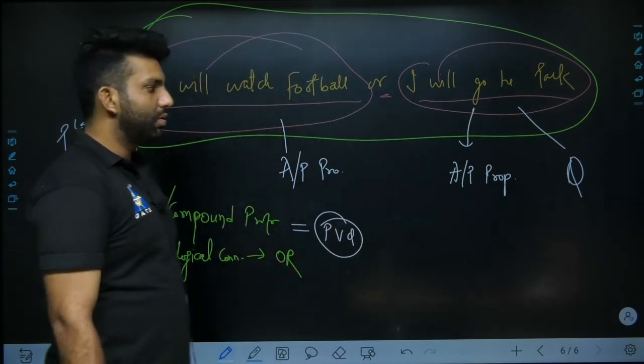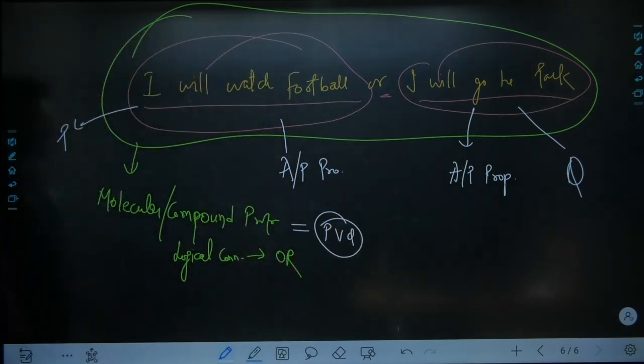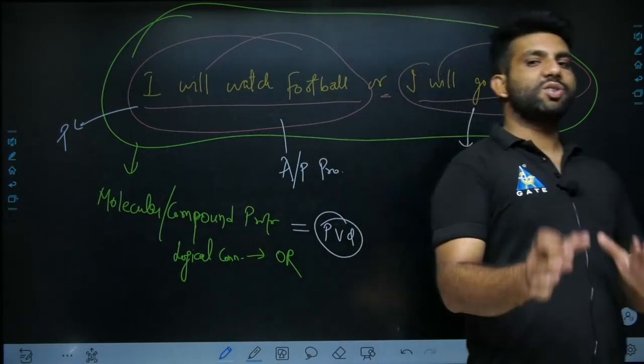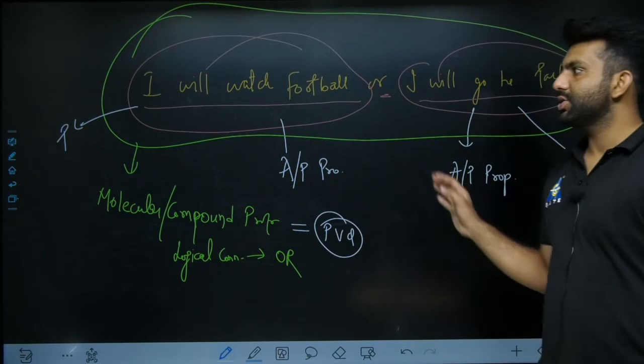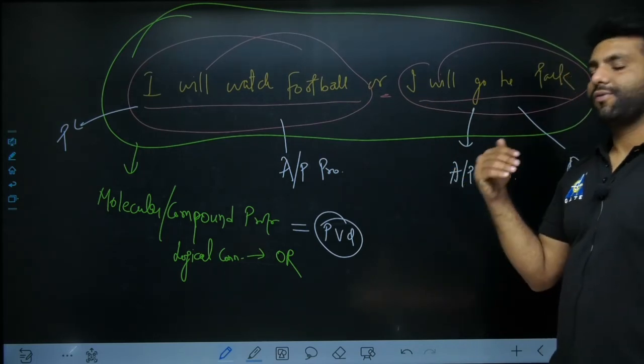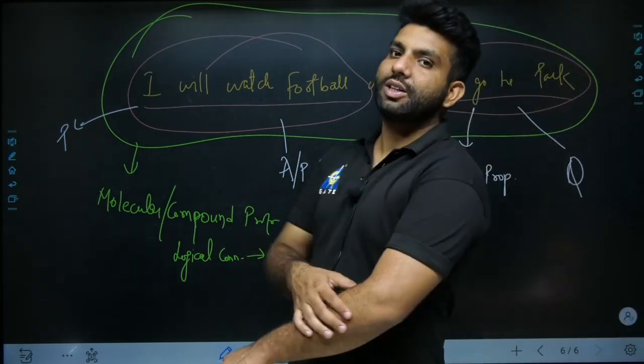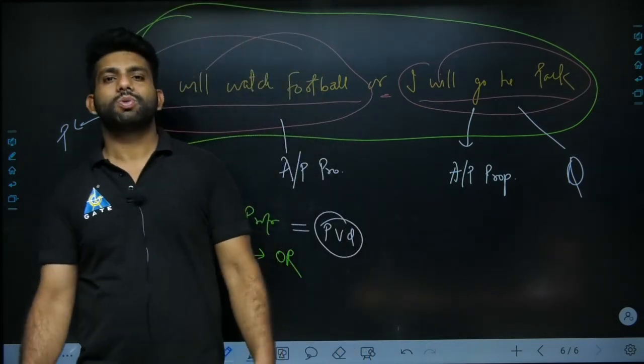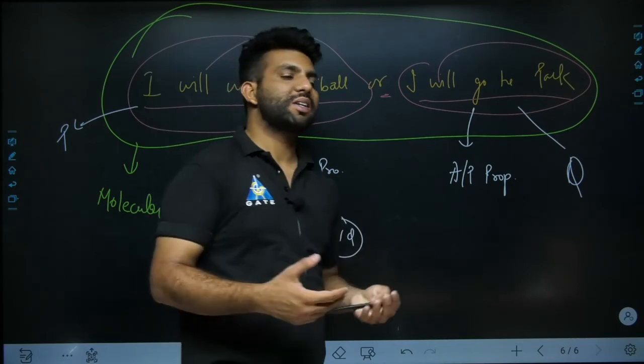We will be discussing the logical connectives and operators in the next video. Till this point, I just would like to create the foundation, the basics: what exactly are propositions, what are variables. You must understand this carefully.